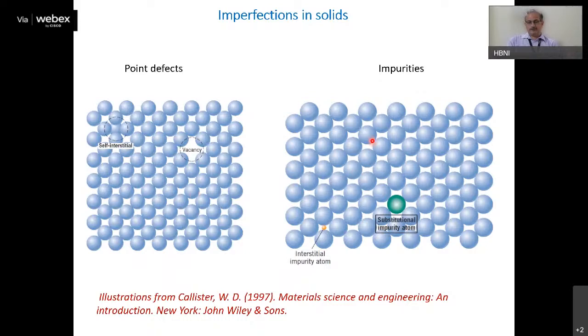Similarly, there can be point defects corresponding to impurities, for example, if you have a different type of atom sitting at some place. If it is sitting at a lattice site, it is a substitutional atomic impurity, whereas if a different kind of atom is sitting at an interstitial position, it is an interstitial impurity. This is also a kind of point defect. These affect plastic deformation when temperatures are high.